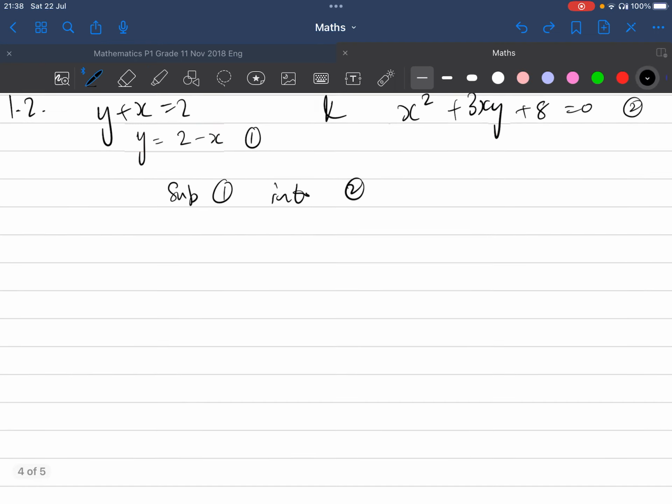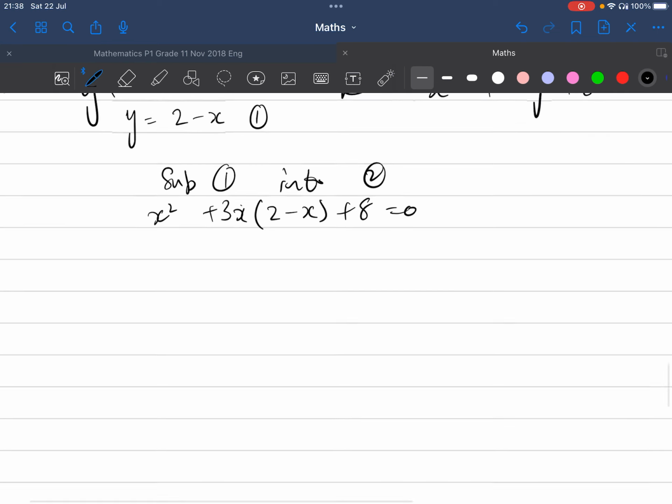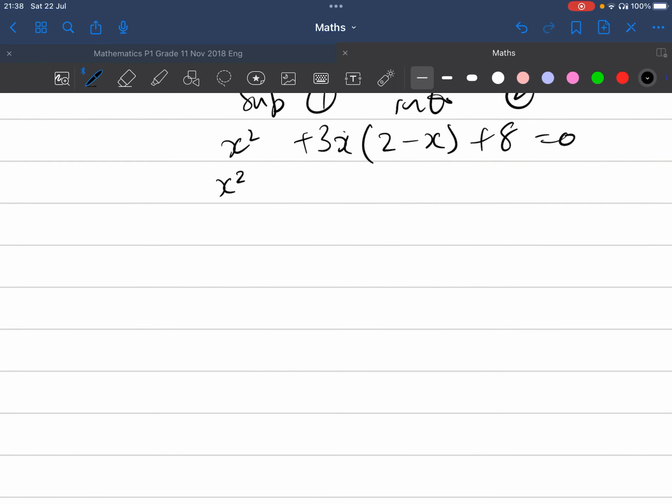Okay, so x squared plus 3x times 2 minus x plus 8 equals 0. Okay, so now I have x squared plus 6x minus 3x squared plus 8 equals 0. Okay, group my like terms and add them, so I'll get minus 2x squared plus 6x plus 8 equals 0.